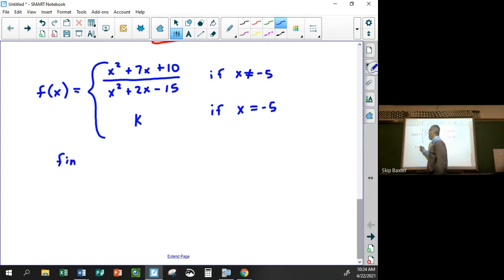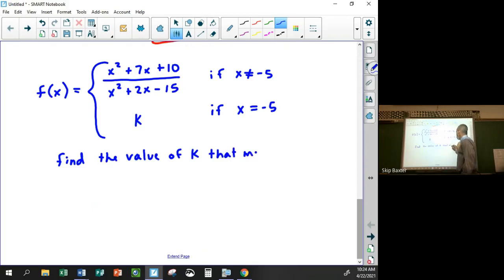So find the value of k that makes f of x continuous at x equals negative 5.